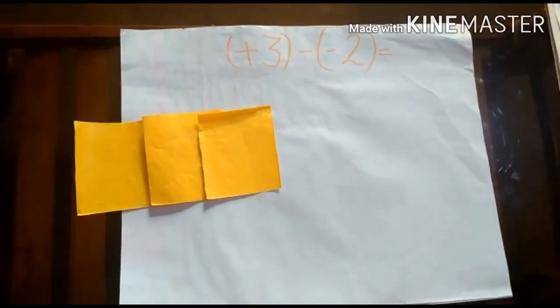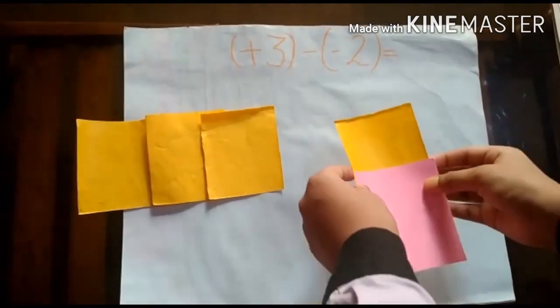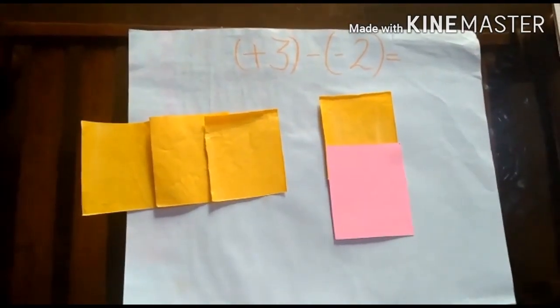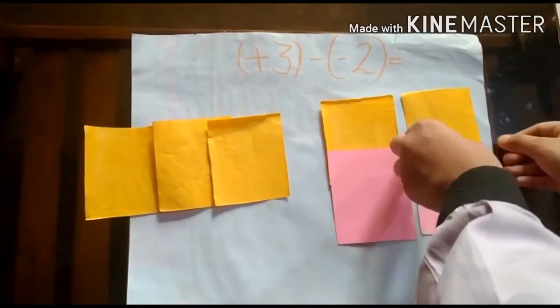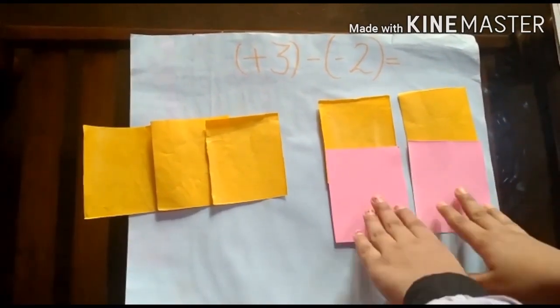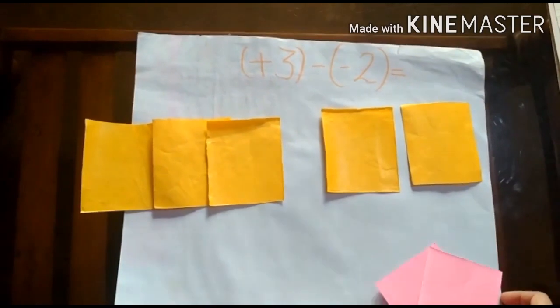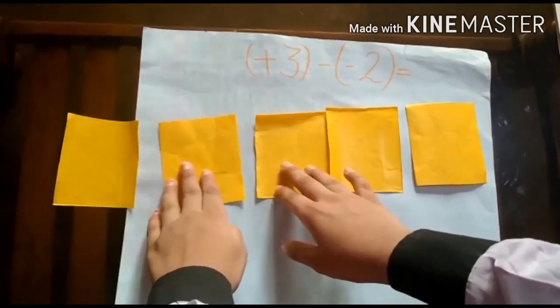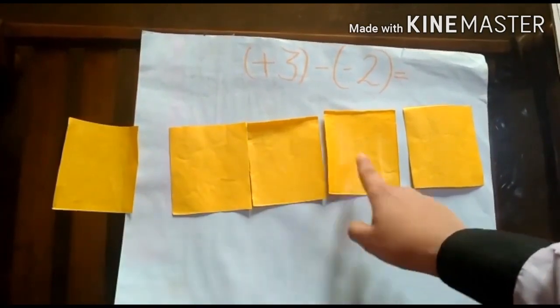Then we will take the help of zero pair 1 and zero pair 2. Then I will remove -2 from here. Then the answer is left with 1, 2, 3, 4, 5.